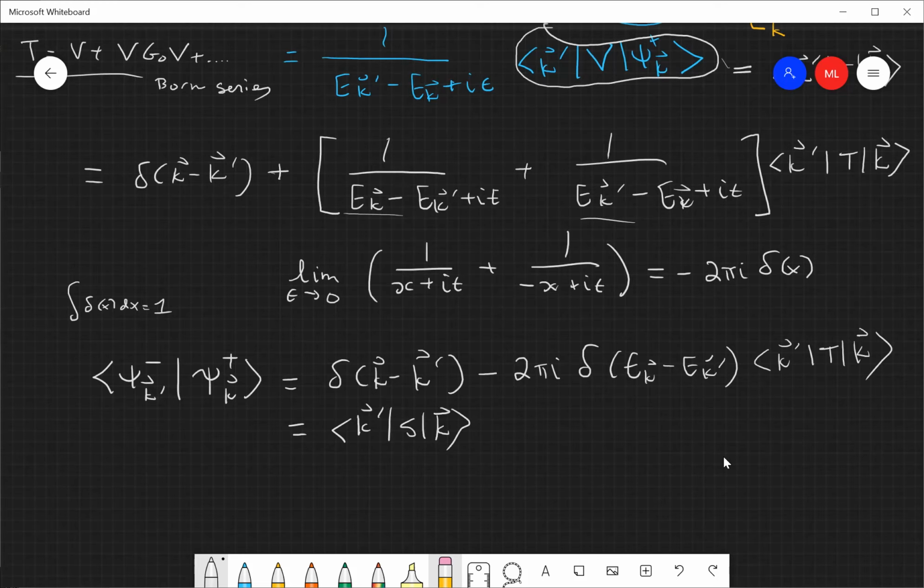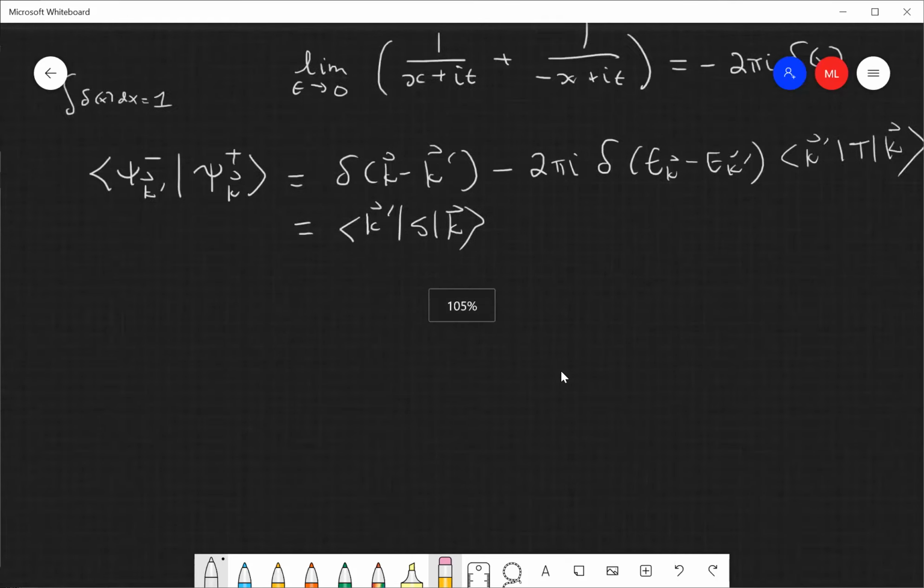So that's really nice because now you have even more connection between the S matrix and something kind of interesting, right? The inner product between the inward and outward scattering solutions to the Schrodinger equation. And it's powerful because it lets you think about time reversal symmetry.